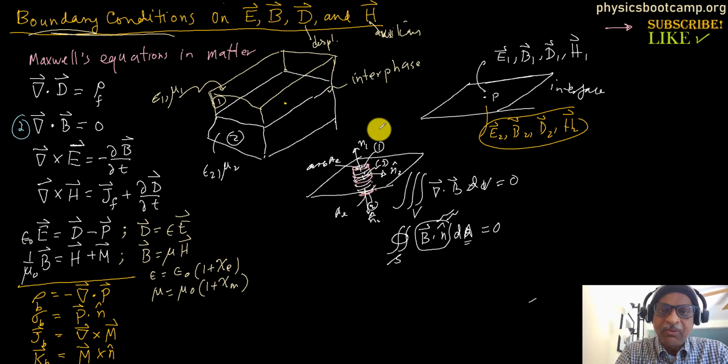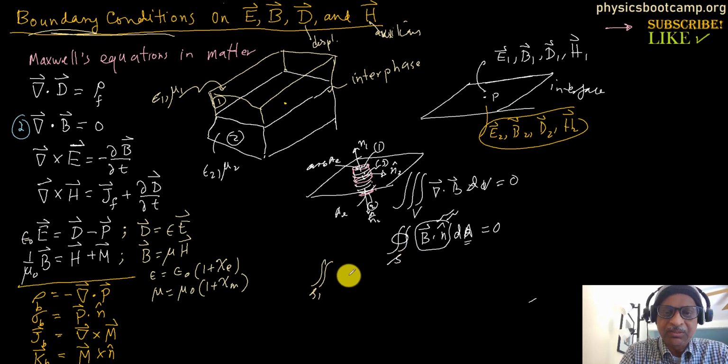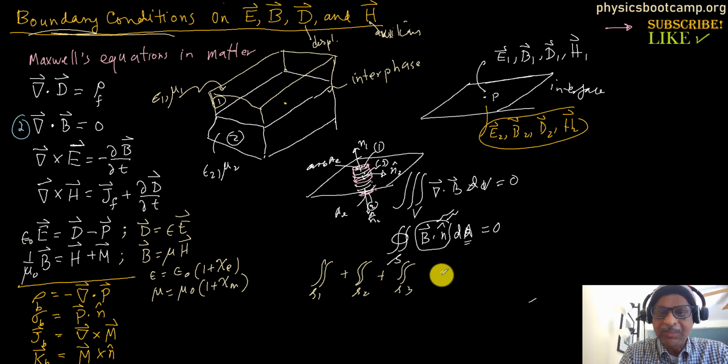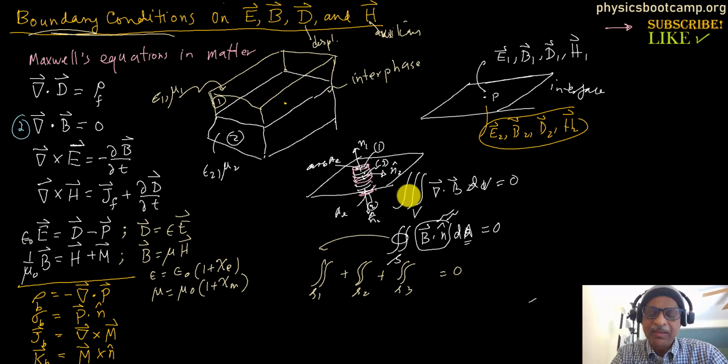What I want to do is write this out as surface S1 plus surface S2 plus surface S3 equal to 0. So the left side will be divided into 3 things. This one is surface 3, and I want to know what happens not so far away from the surface.